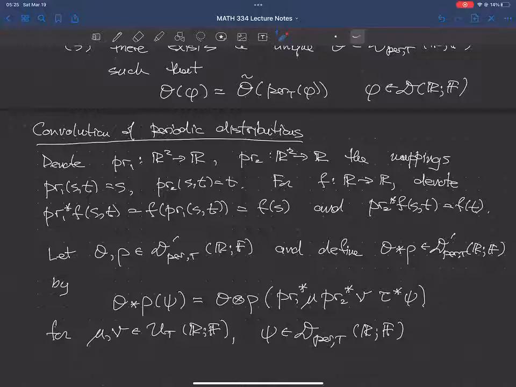So I asked you to think about balls whose radius grew to infinity as defining the sequence of psi j's. Well, because I'm working with T-periodic things, I'm really only working on the interval 0 to T, so I don't have to worry about taking that sequence of balls that grows to infinity. It's already going to work on the compact subset of R2 given by 0,T cross 0,T. So that's kind of what's going on here.